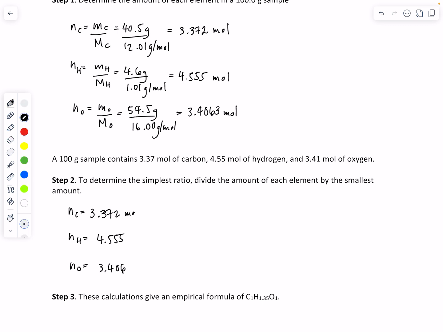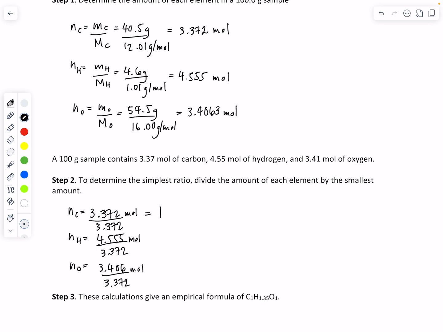These are all moles. And we're going to divide each of these amounts by the smallest amount. In this case, the smallest amount is 3.372.